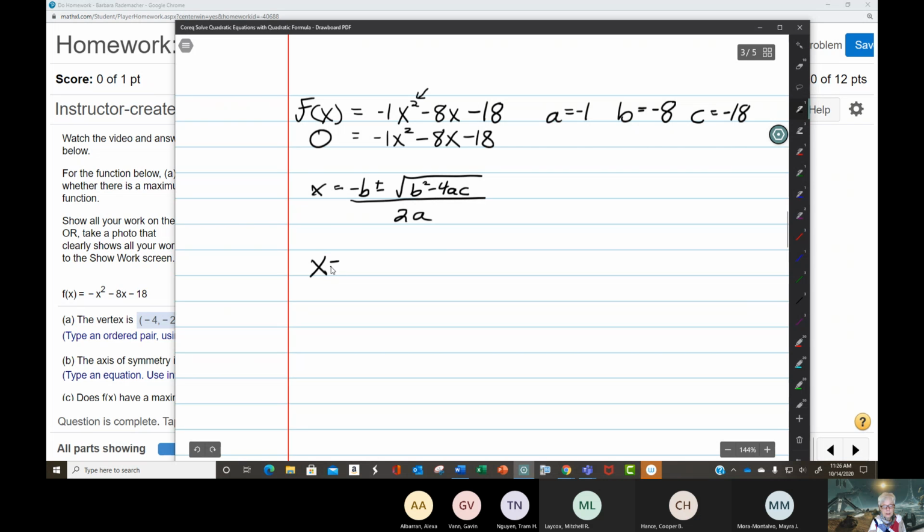So X equals negative the B number, and the B number is -8, plus or minus the square root of parentheses -8 squared minus 4 times -1 times -18, over 2 times -1. How about that?